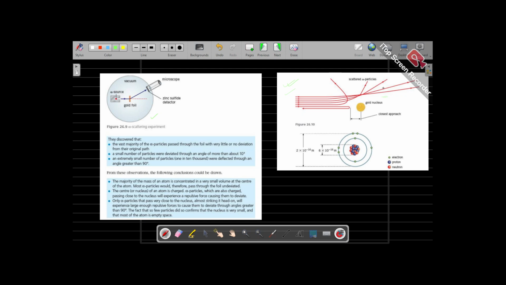While a few of the alpha particles were deviated at certain angle, it is very obvious from this figure right here that a very small number of alpha particles almost bounced back.